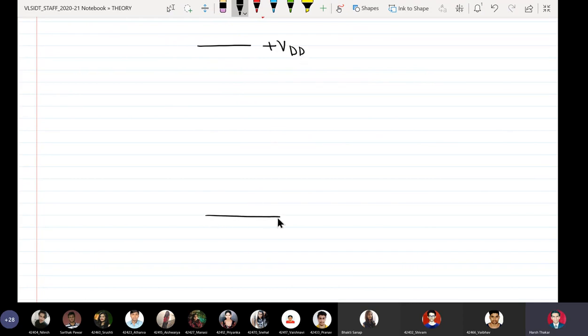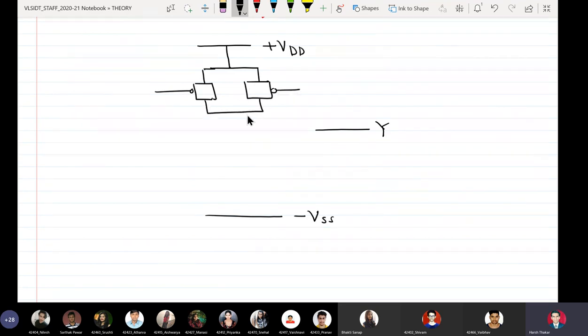My power rails, VSS, and here is my output Y. In the pull-up network, I have P1 parallel P2. N1 series N2.